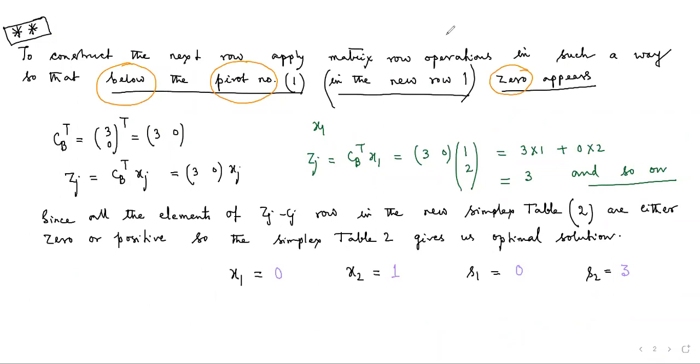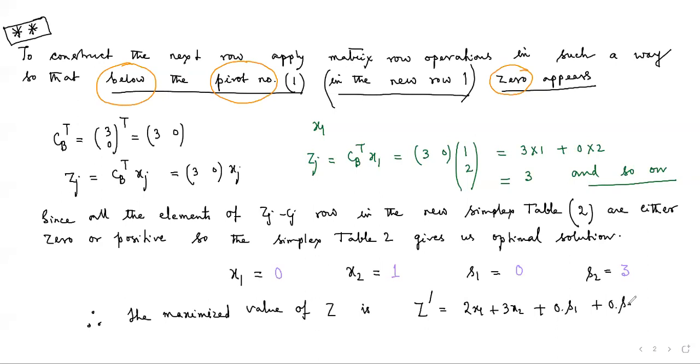And therefore, the maximized value of z is, what is the objective function? Objective function was z prime, 2 into x1 plus 3 into x2 plus 0 into s1 plus 0 into s2.